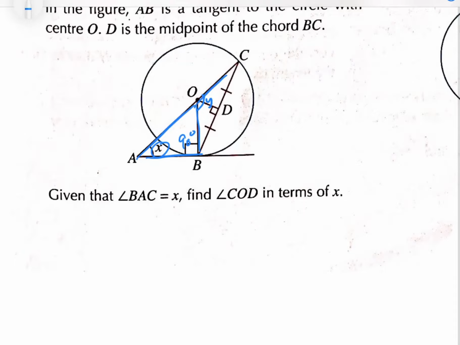You're going to extend this one. y will be the exterior angle of this right triangle OAB. By the exterior angle theorem, the measure of the exterior angle is equal to the sum of the two remote interior angles, x plus 90.